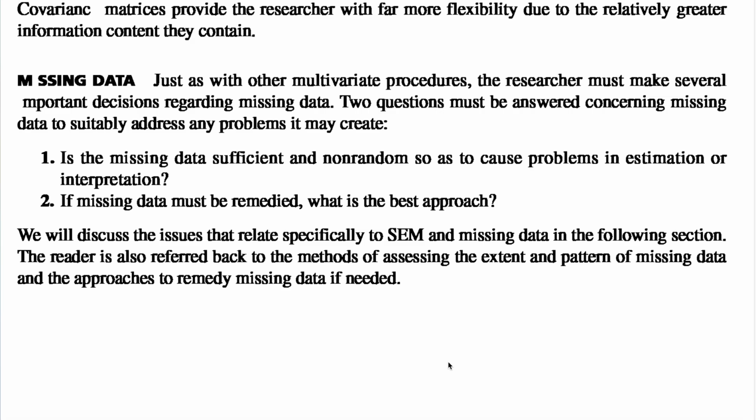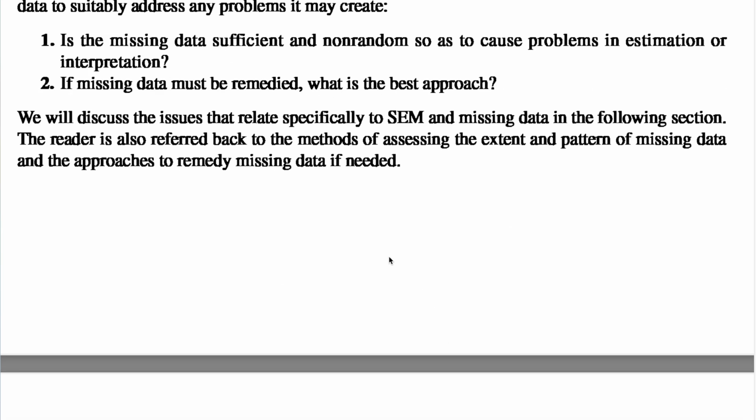If missing data must be remedied, what is the best approach? We will discuss the issues related specifically to structural equation modeling and missing data. In the following section, the reader is also referred back to the methods of assessing the extent and pattern of missing data and the approaches to remedy missing data if needed.